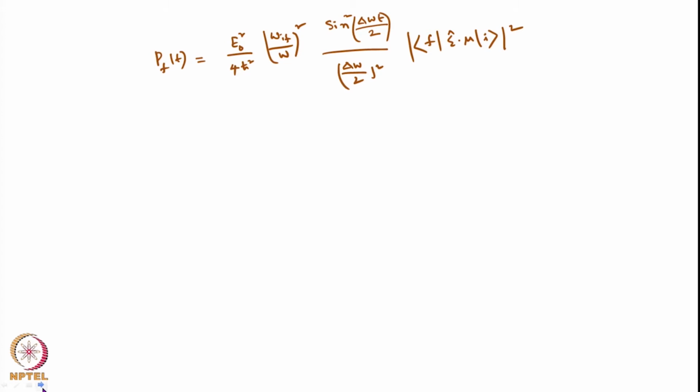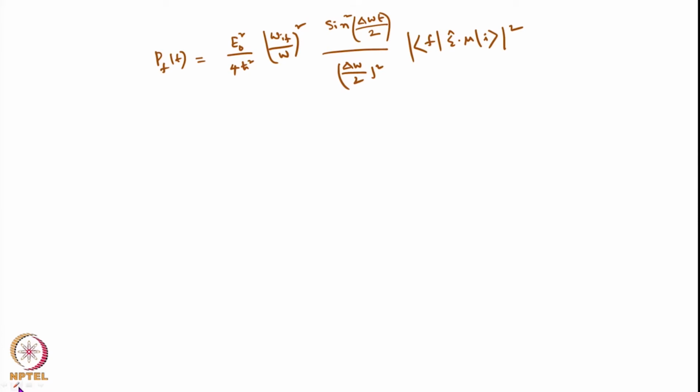Now, this is the probability of transition from an initial state I to a final state F. Of course, as you look at this, it is time dependent, that means as long as the perturbation is there, the transition will take place.